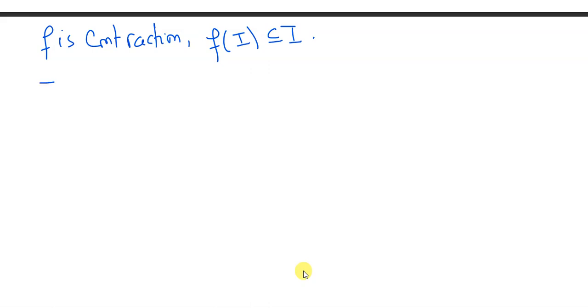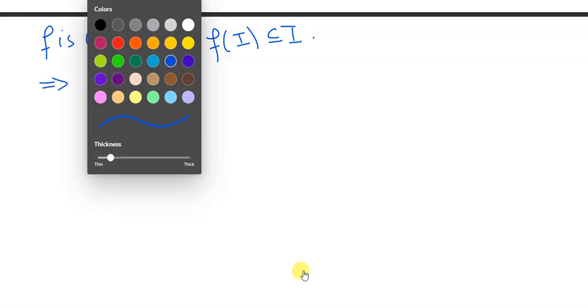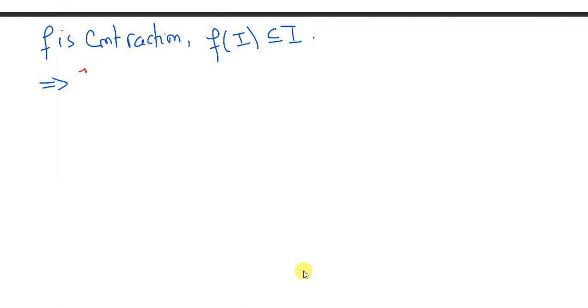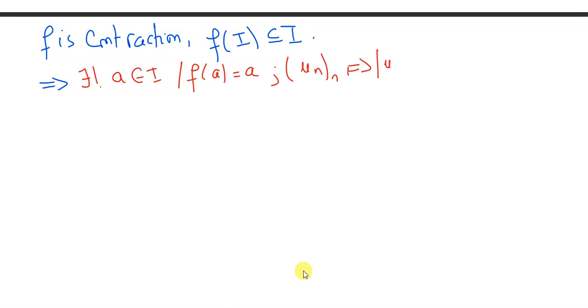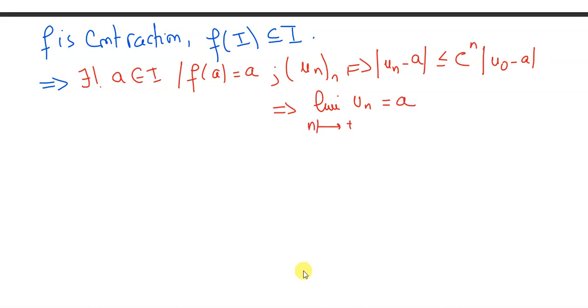And we want to prove that there exists a unique A that belongs to I, such that f of A equals A. Also, we want to prove that if we have a recursive sequence, then the absolute value of un minus A is less than c to the power of n times the absolute value of u0 minus A. And also we want to prove that the limit of un equals A when n reaches plus infinity.